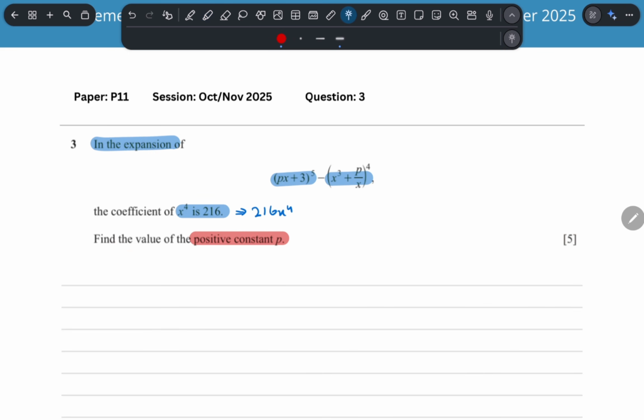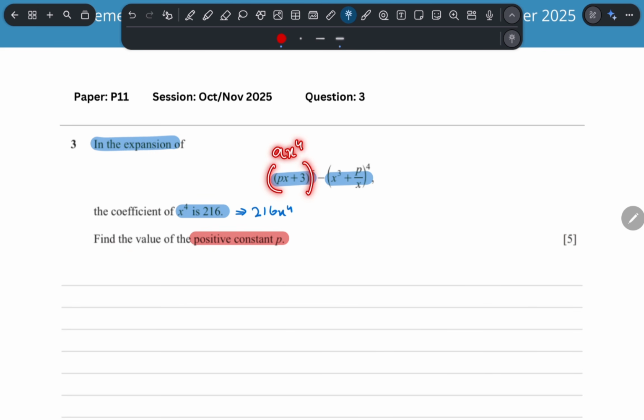If we look closely at the expansion given, the first thing that we can see is that there is a negative sign over here. Rather, these two are not being multiplied; instead, there's a negative sign over here. So when we expand this term, we'll get an x^4 term with a coefficient which we don't know.